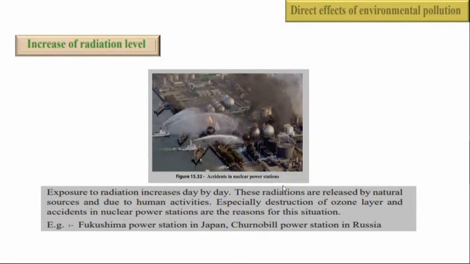The radiation can be released naturally from the sun or by human activity. Especially when you talk about human activity, they produce nuclear power stations and they destroy the ozone layer, all those things, right? Those are the things given here, right? So all these are the direct effects of environmental pollution. Okay.